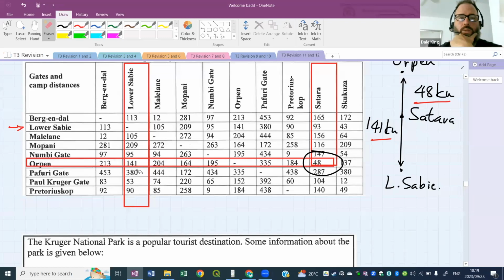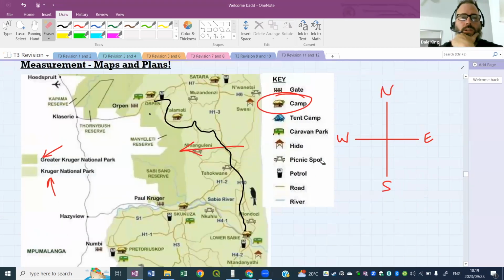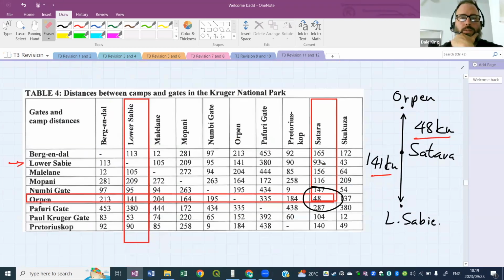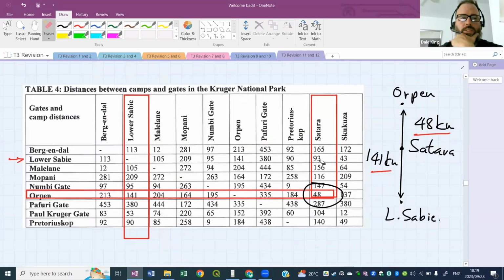But why does the 141 have to be to Satara? Why can't it be to Talamati? Is Talamati on this table? No, Talamati isn't even on this table. We're going to have to assume that it does, guys, because it's, like I say here, it's 48 kilometers to Satara and it's 141 to Lower Sabi.